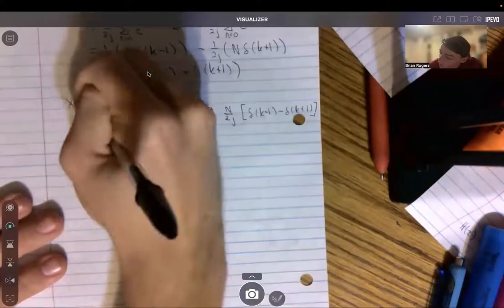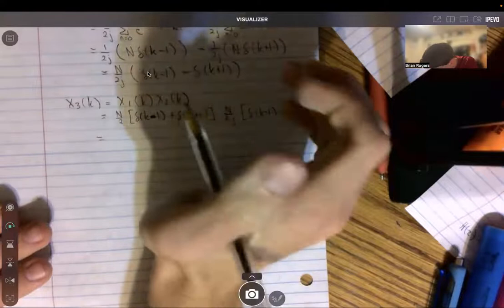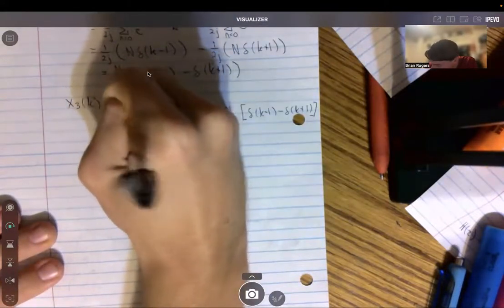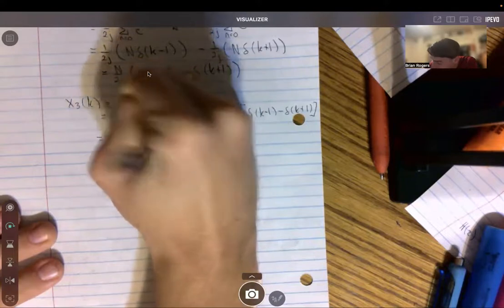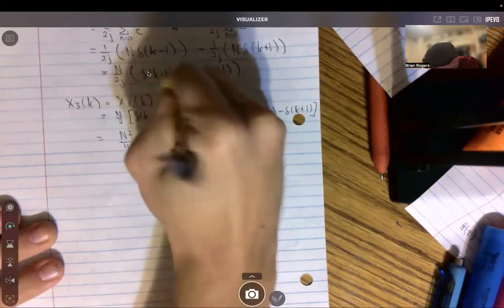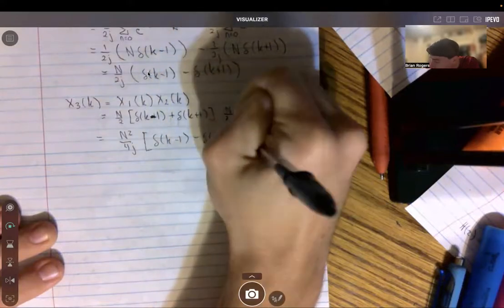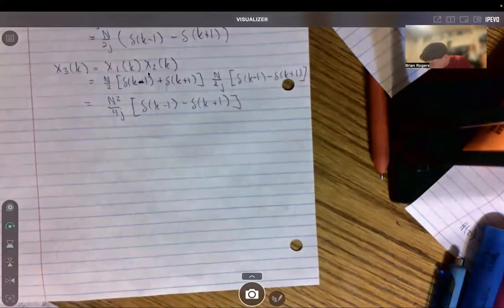So after you do the multiplication of the two, the end result is going to be N squared all over 4j, then you're going to get delta k minus 1 minus delta k plus 1. Okay, you get that as your result.